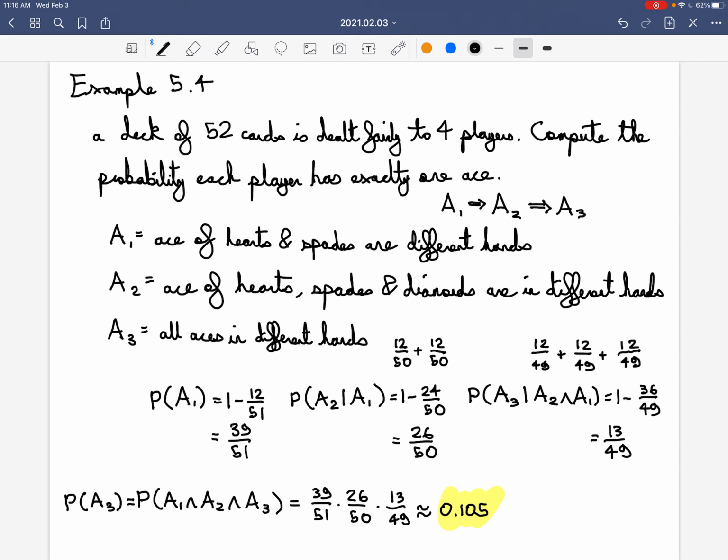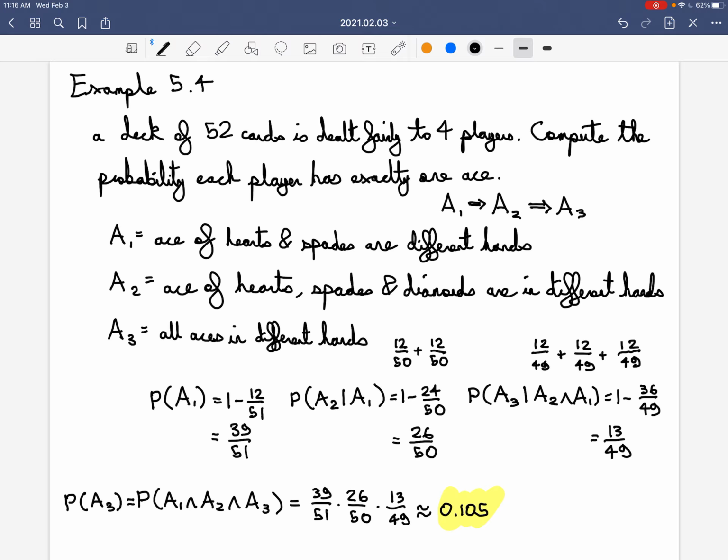Okay, then we need to perform the same reasoning process for a third time. We're going to assume that A2 and A1 hold, because the ace of hearts, spades, and diamonds are in different hands. Now, what's the probability the ace of clubs gets put in the same hand as the ace of hearts?